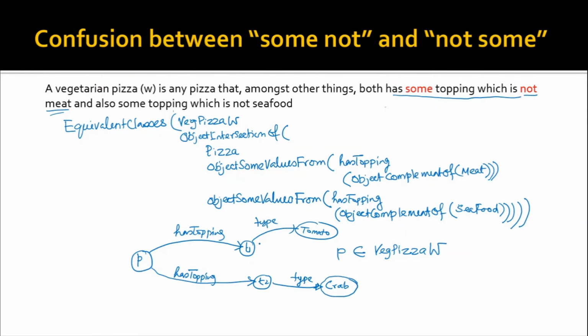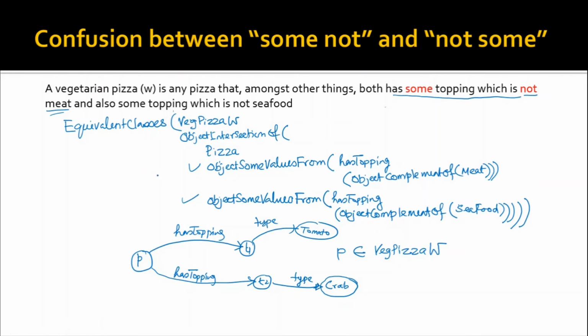Now you see that this condition and this condition is being satisfied by this relation, right? So you have at least one relation out of P which has got a value T1 and it is of a type which is not meat and also not seafood, right?